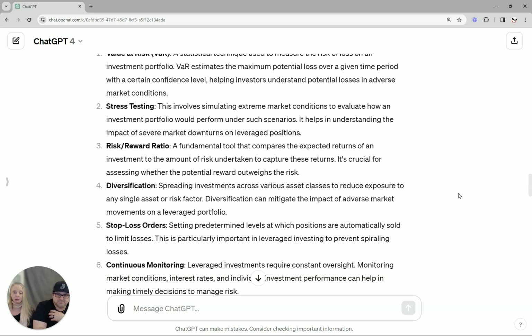Okay, so stop loss orders, that's trading. For instance, you want to buy stock. You're doing day trading or whatever kind of trading you're doing. This is a good example. You want to buy something, and you buy it at a certain market number. Well, what if it goes down and you're buying for it to go up?